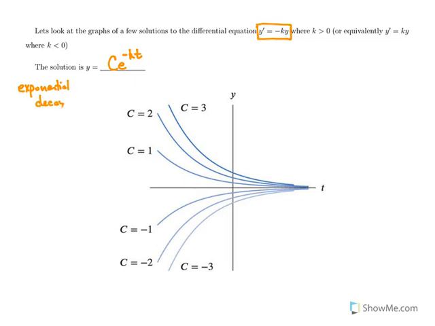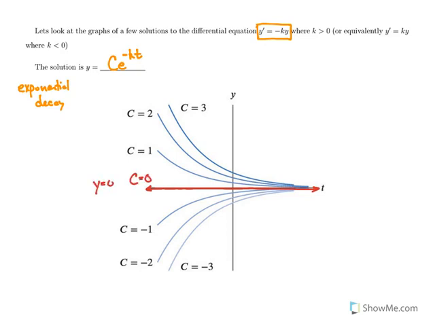And just as we can see different solutions for different c values, these are all going to approach 0 as t gets bigger and bigger. And there is one solution that we did not draw, and that is the equilibrium solution, where we have c equal to 0.